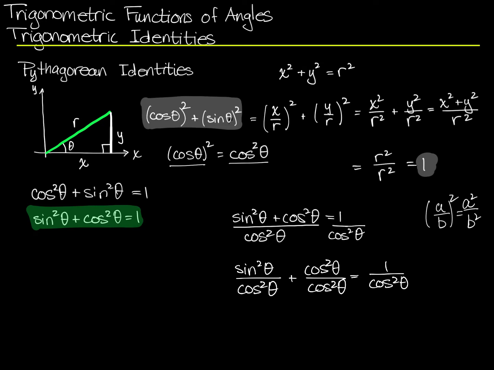And I'm going to do that next. I'm going to write this as sine theta over cosine theta all squared plus cosine theta over cosine theta all squared. If I think of 1 as 1 squared, I could do that here as well. 1 over cosine theta all squared.